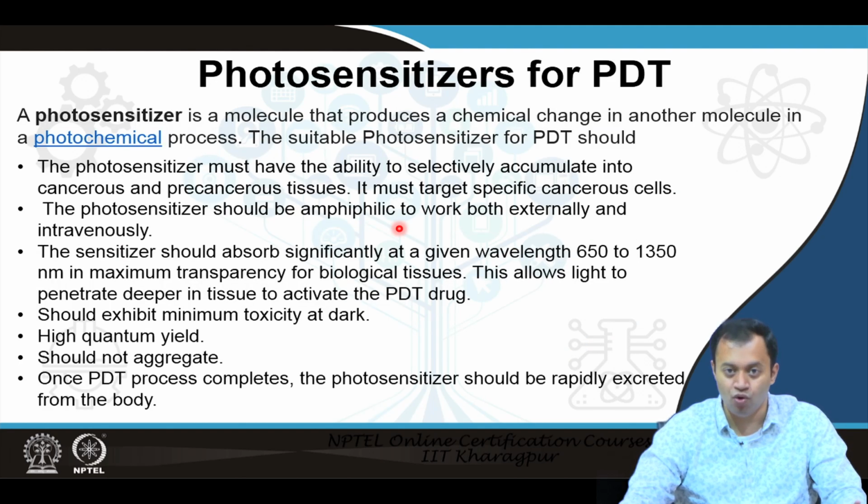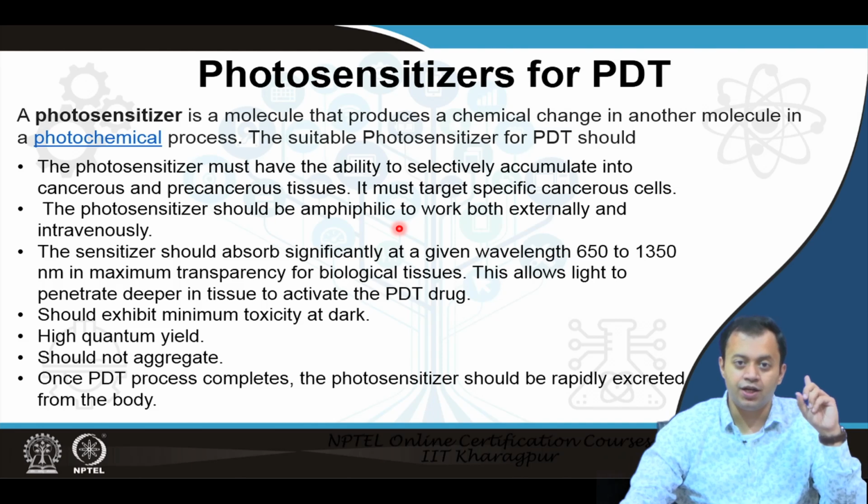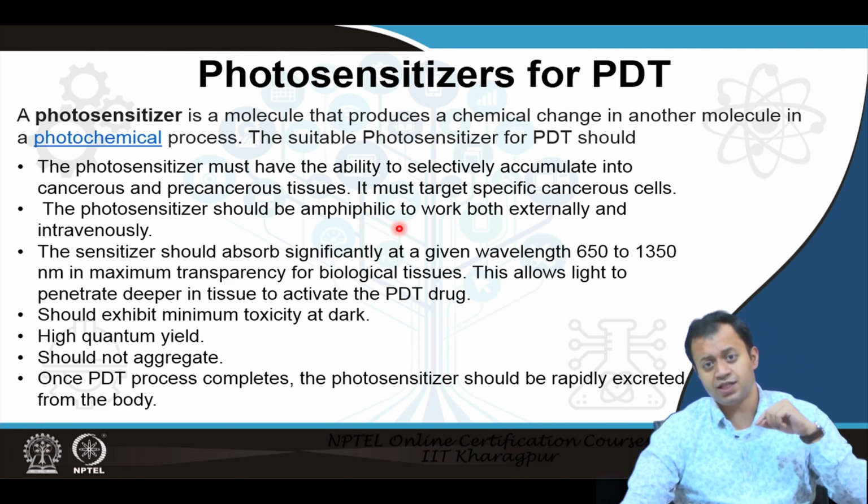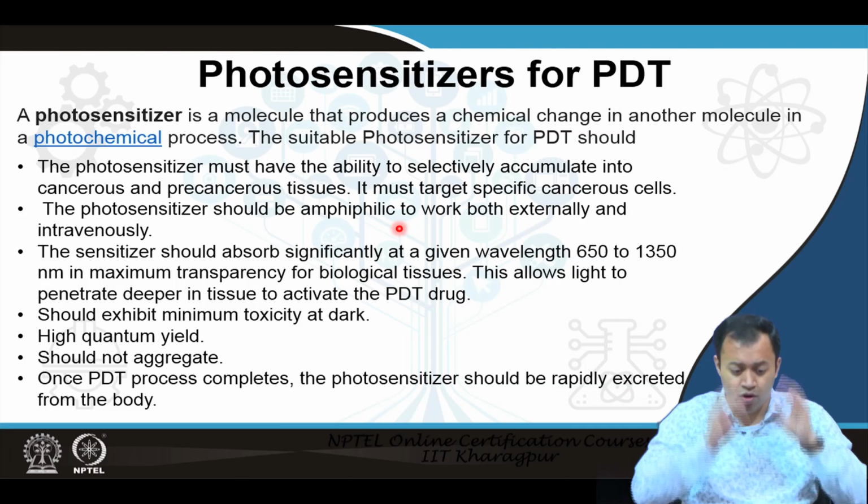Just like your chromophore, remember from the discussion we had about vision, how we see, the chromophore, cis retinal, and how it gets excited by light and a chain reaction is formed, it is the same thing.